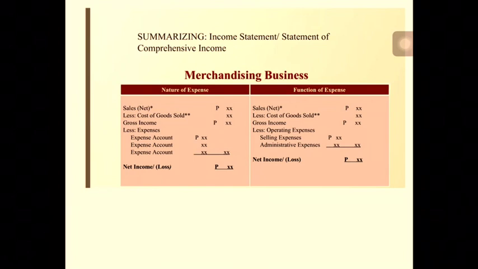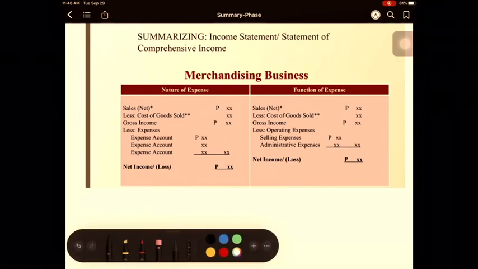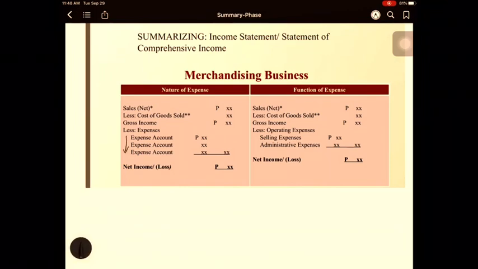Okay, under nature of expense, just the same, we are simply going to itemize the specific accounts, so list down all the specific expense accounts that were incurred by the business. Just take note of this new account title here. You have your cost of goods sold.